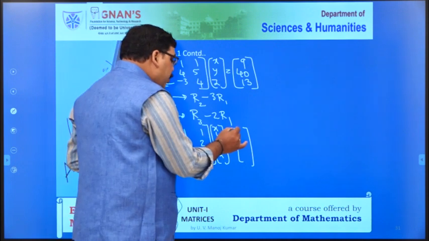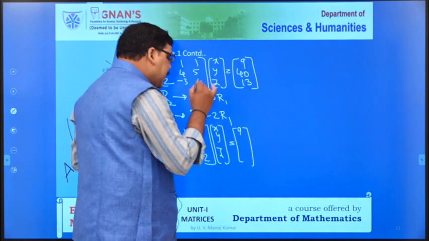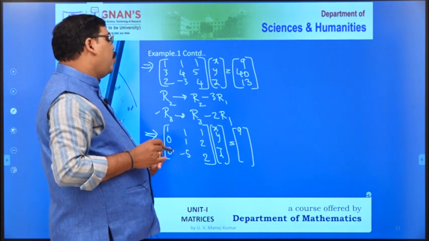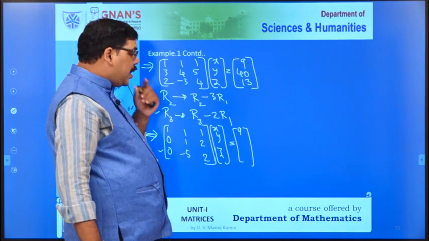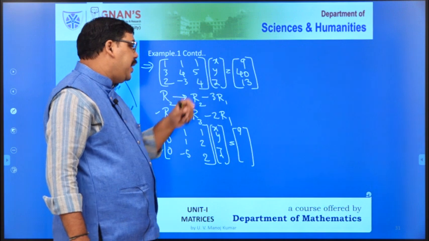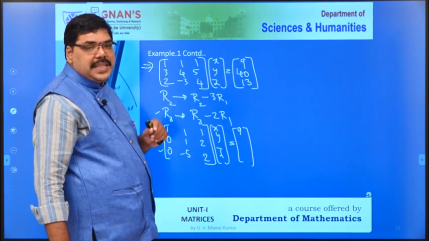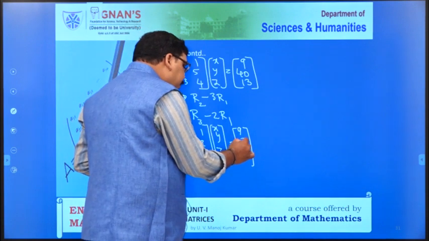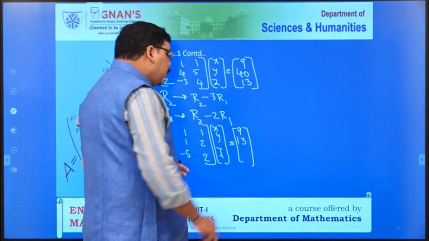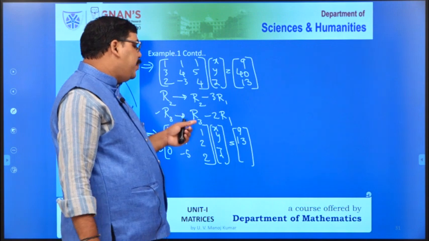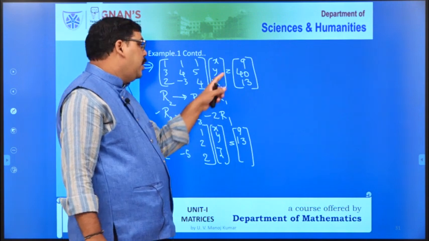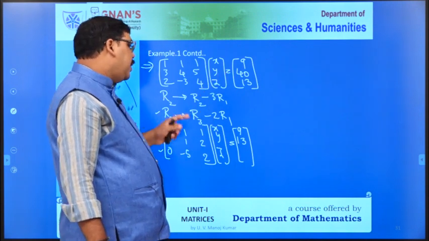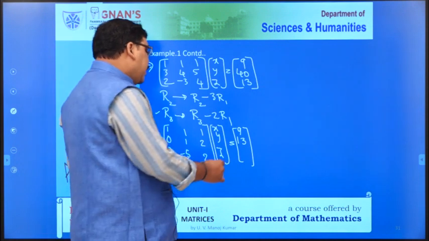So first row no change, 9 as it is. Coming to the second row, R2 minus 3R1. R1 we are multiplying with 3, 9 into 3 is 27, 40 minus 27. R3 implies R3 minus 2R1. 2 into R1 is 18, 13 minus 18.